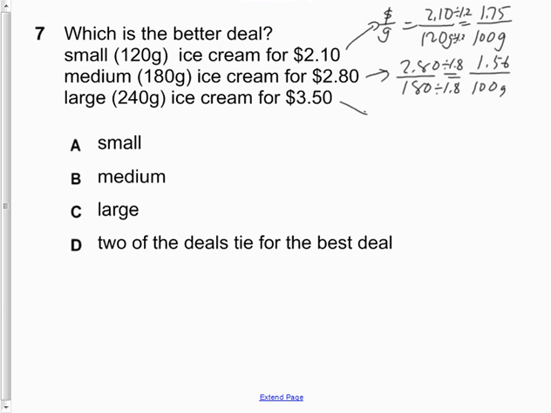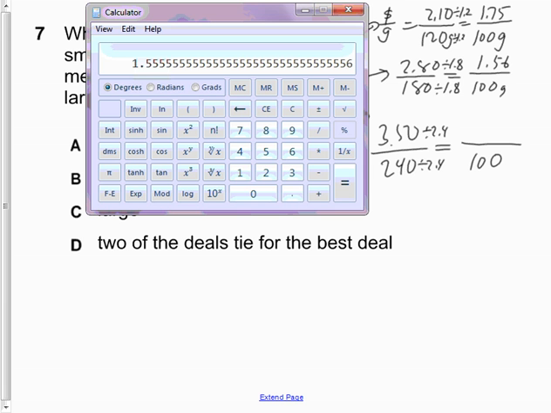And the large would be $3.50 for 240 grams. Divide by 2.4. $3.50 divided by 2.4 gives you a unit rate of approximately $1.46 per 100 grams.